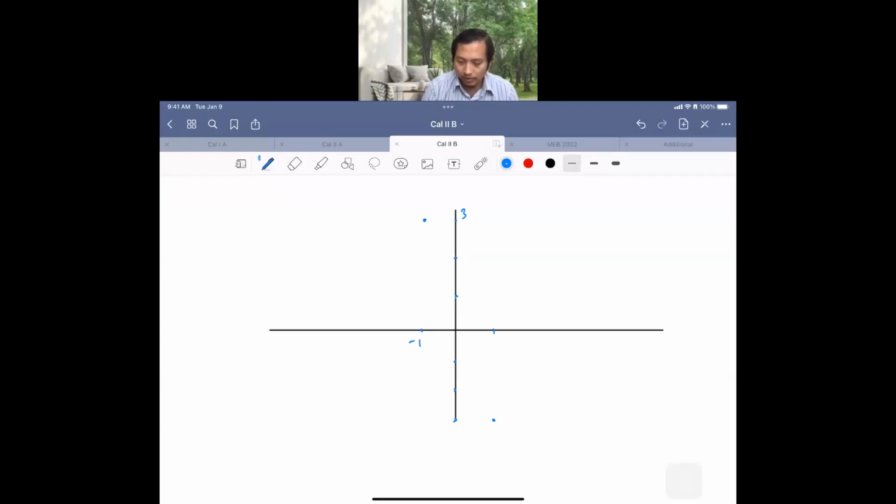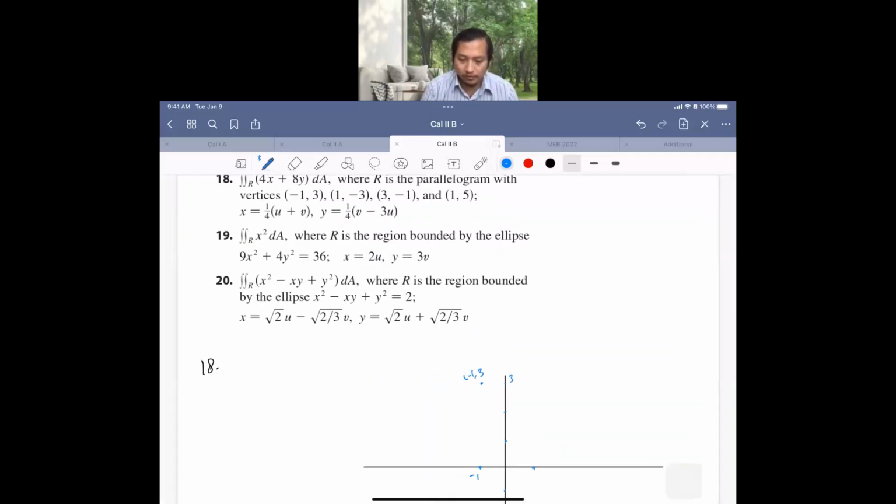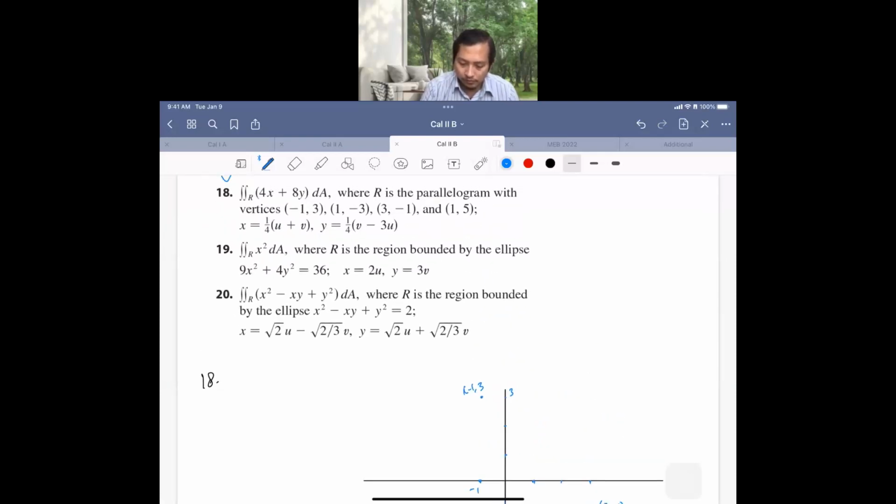So right here: 1, negative 3, negative 1, 3, and 3, negative 1, and 1, 5.